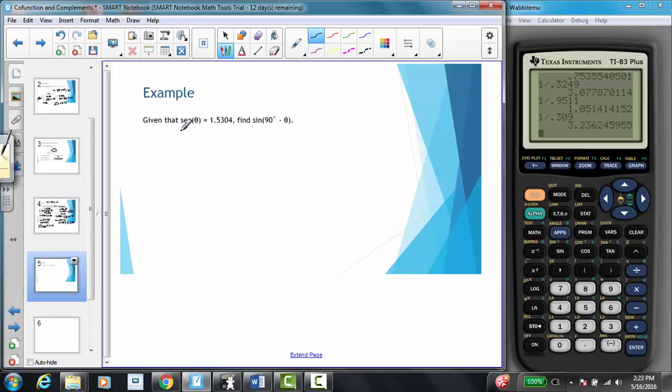Alright, so in this last example here we have secant theta equals 1.5304, and we're trying to find sine of 90 degrees minus theta. So if you remember, sine of 90 degrees minus theta equaled cosine theta.